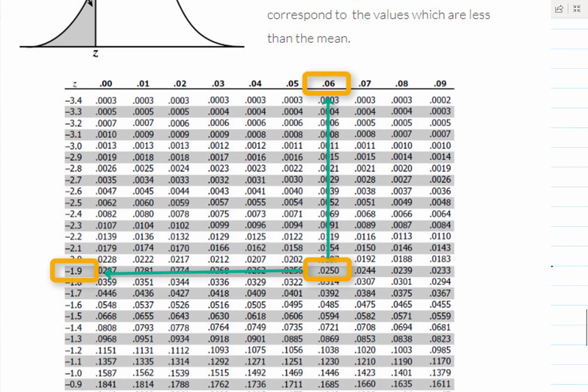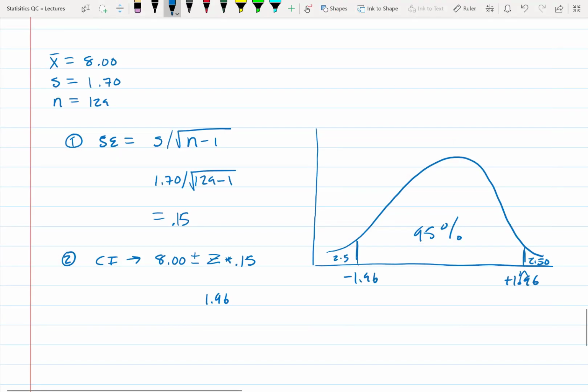That does not change. That's 1.96. Down here it's negative 1.96, and up here it is positive 1.96. All right. So 1.96 times 15 cents is going to be equal to 29 cents.